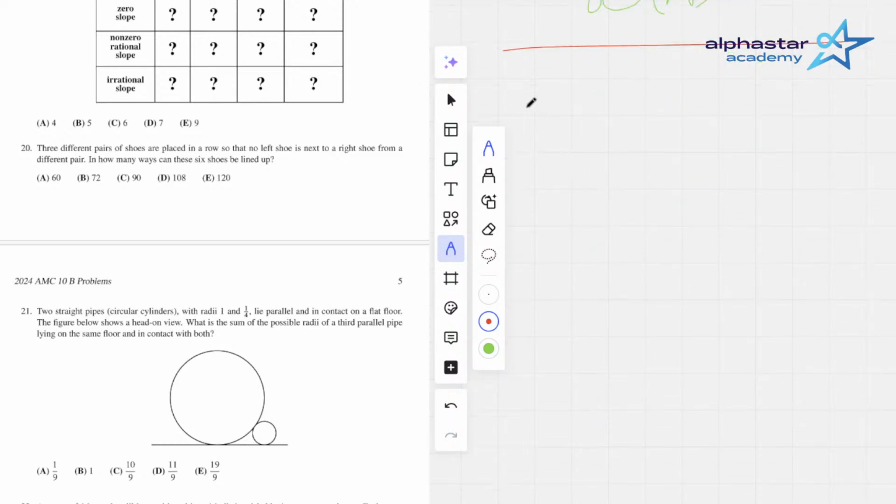Number 21. Two straight pipes. So you have this and this. This is flat 4. Some of the possible radii of a third parallel pipe lying on the same floor and not in contact with both. Okay. So there's only two possible such pipes.